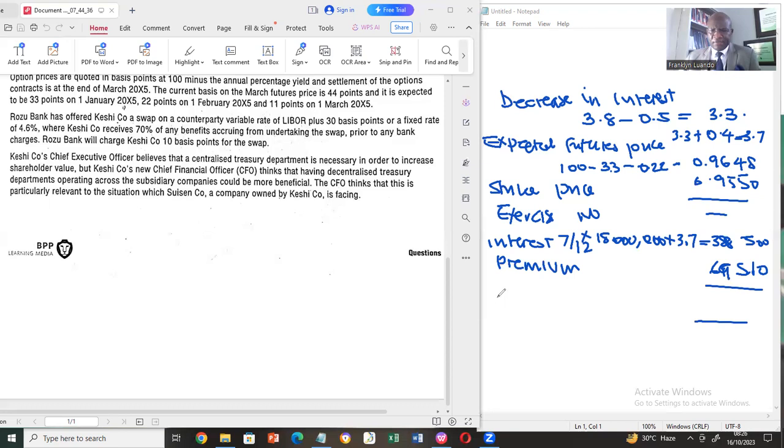Net interest paid will be 458,010. So that's how you go about hedging using options on interest rate futures.